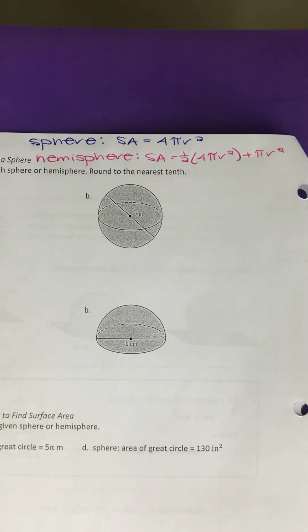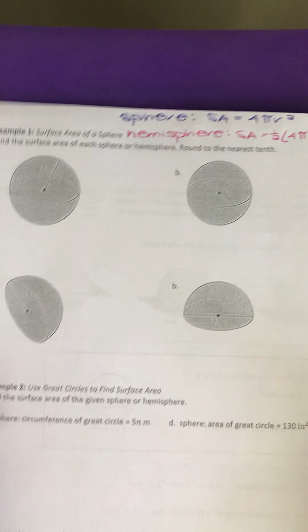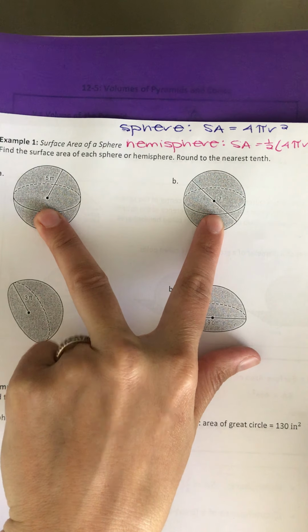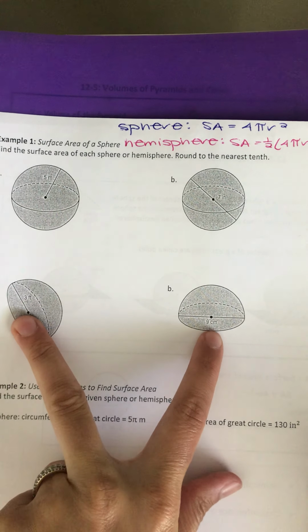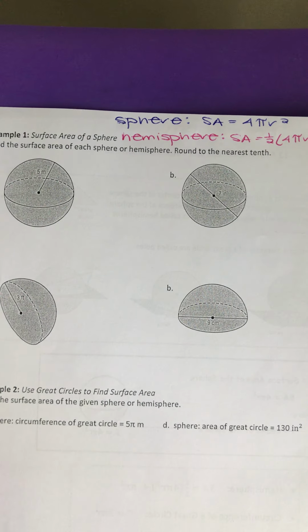So go ahead and write that down at the top of your paper. So if we look at our examples, the first two are spheres, so we're going to do the top formula in blue. The bottom two are hemispheres because they're cut in half, so we're going to do that bottom formula, which is in pink.